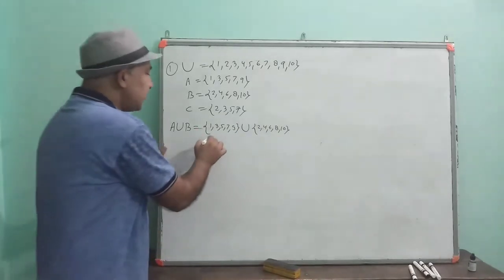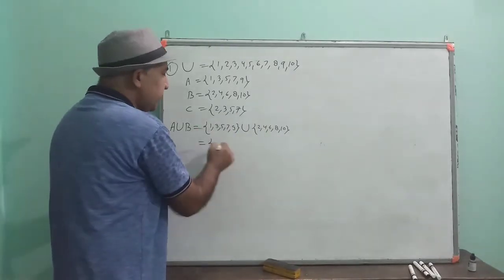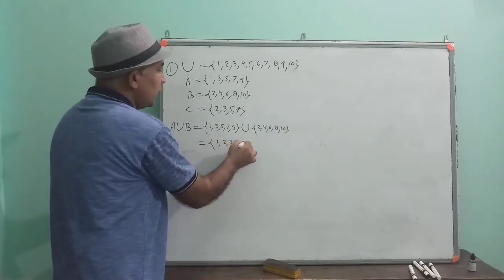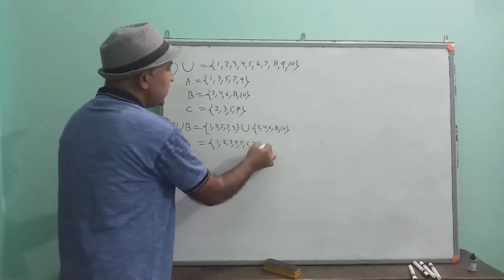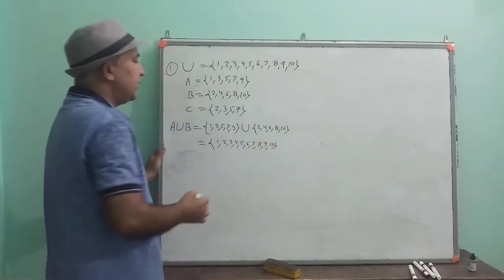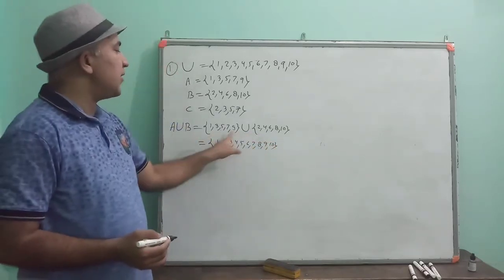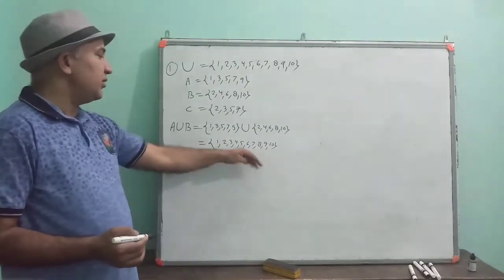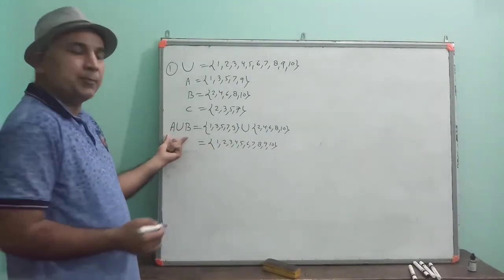That means we will write all the elements of A and B both. So 1, 2, 3, 4, 5, 6, 7, 8, 9 and 10. If you write all the elements of A and B together, then you will get this set. This set will be called the union set of A and B.